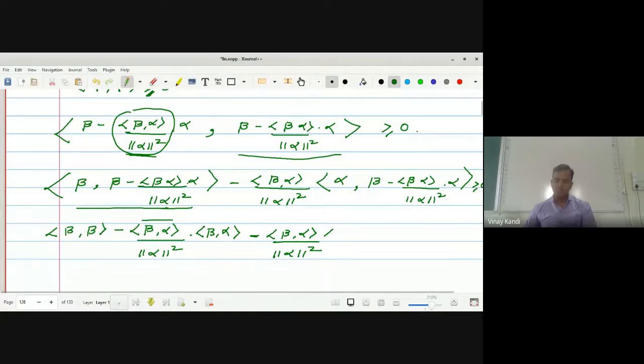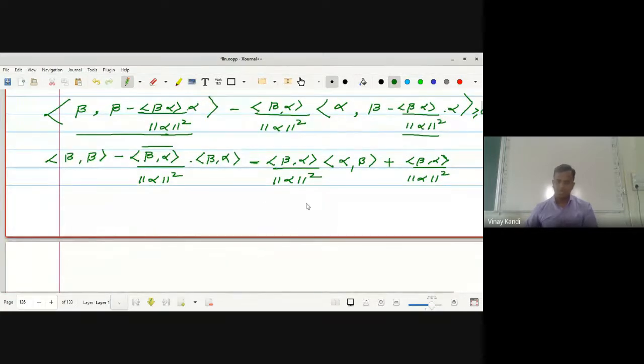Now for this one, alpha and beta inner product, minus plus, okay, this constant is multiplied. So again write down here beta alpha, this constant divided by norm alpha square, and this constant goes outside the inner product with bar.